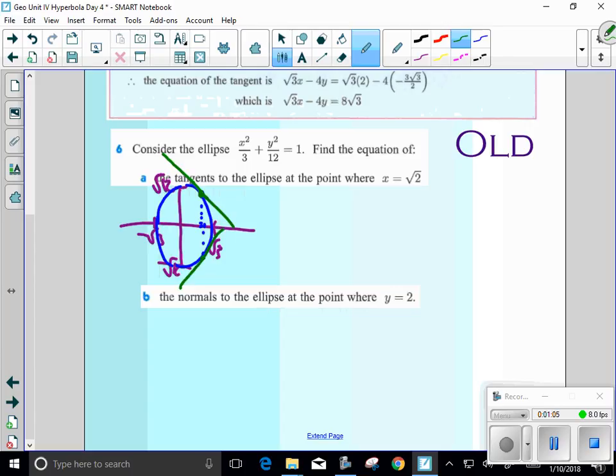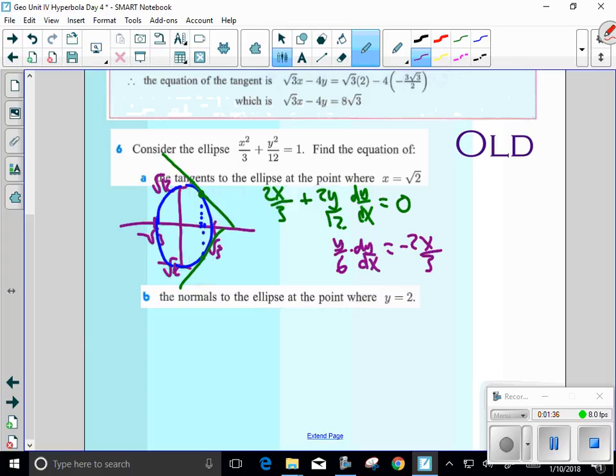Let's find the equation of the tangent line first. 2x over 3 dx/dx plus 2y over 12 dy/dx equals, what's the derivative of 1? Zero. Thank you. That's a terrible mistake to make. 2y over 12, or y over 6, dy/dx is equal to negative 2x over 3.